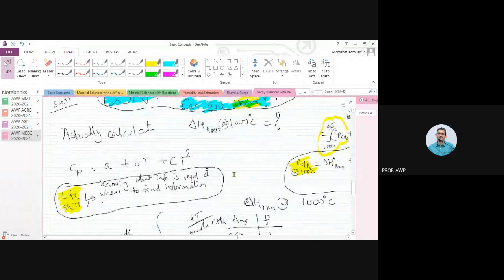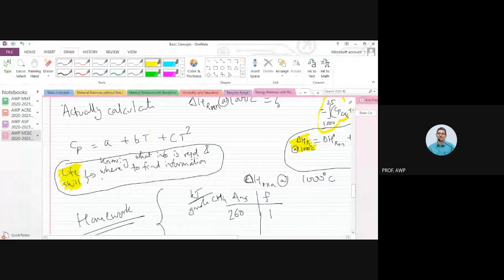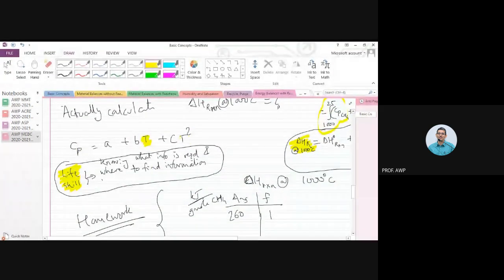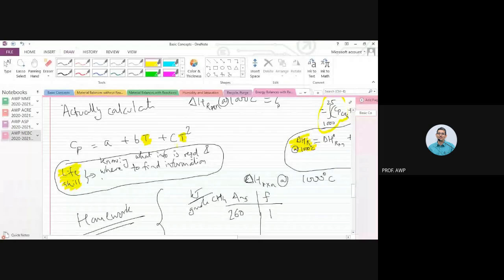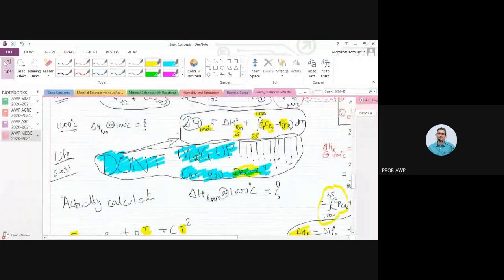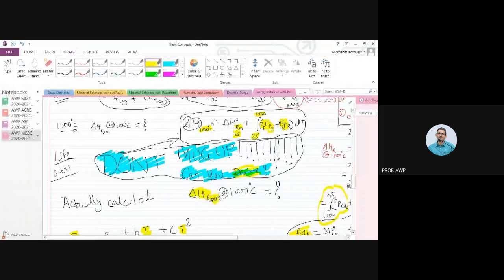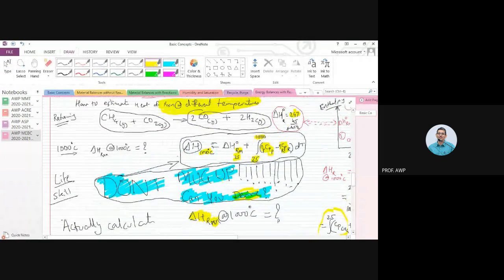And be careful about units of temperature. Sometimes temperature is given in terms of Kelvin, sometimes in terms of degrees centigrade. Be careful about the units of Cp, units of delta H. The Cp can be in calories, delta H can be in kilojoules. So be careful about the units.